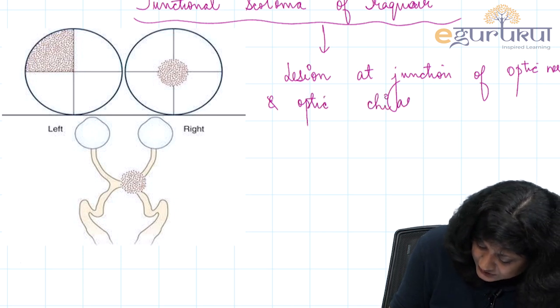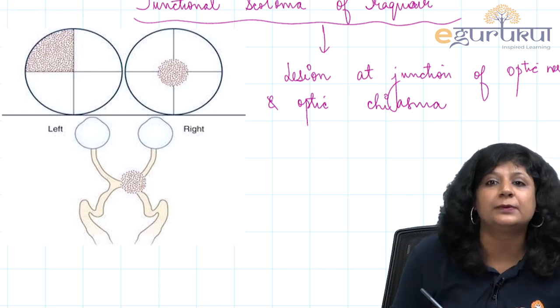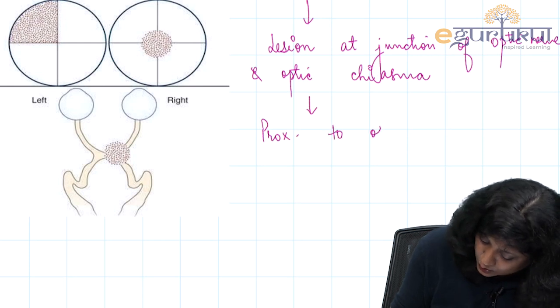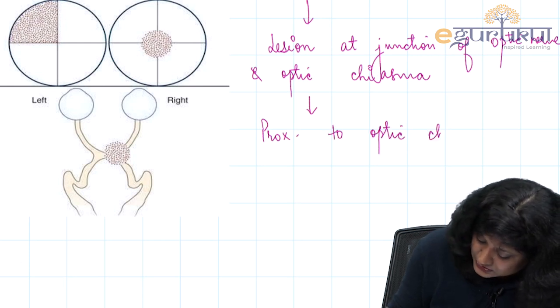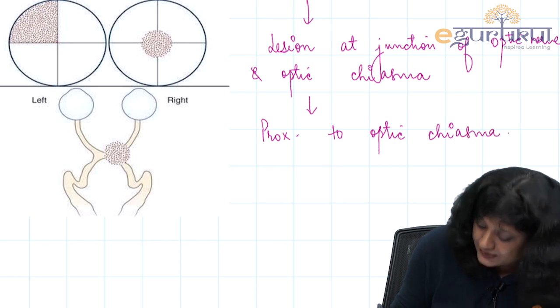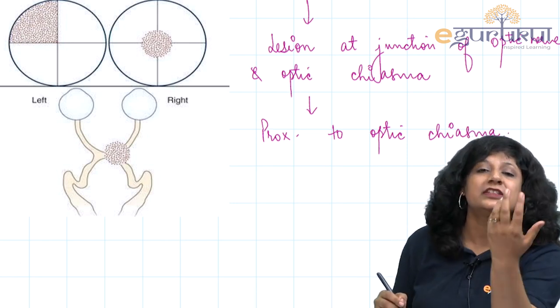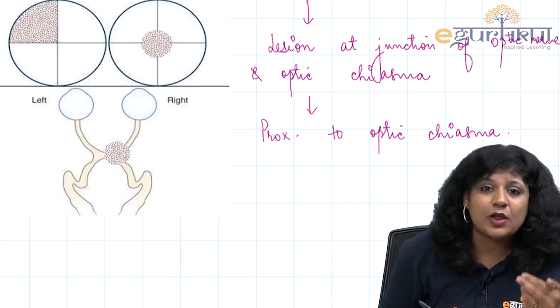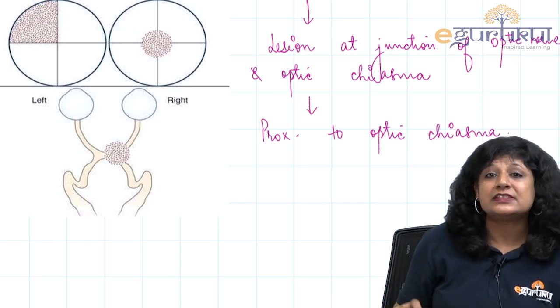So I can say it is proximal to the optic chiasma. That is why we say that the lesion is in the proximal optic nerve, while actually it is in the distal optic nerve. Now what is the logic?